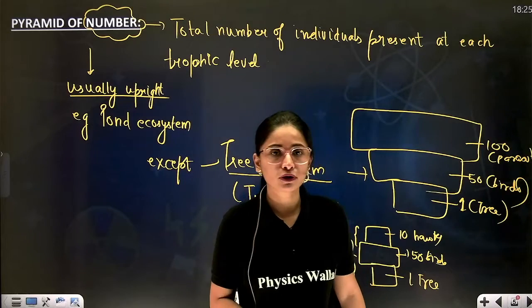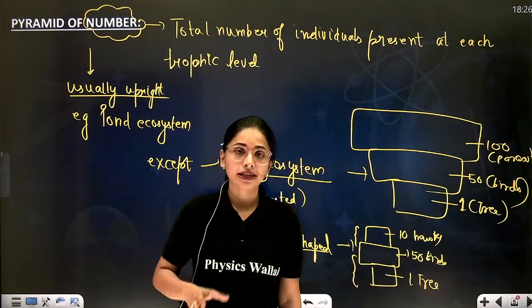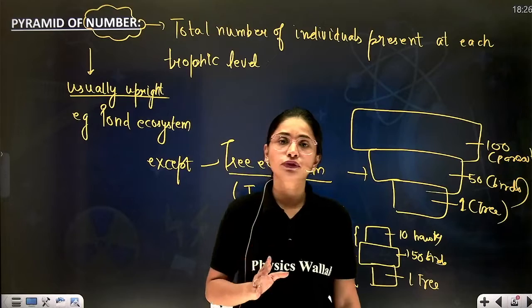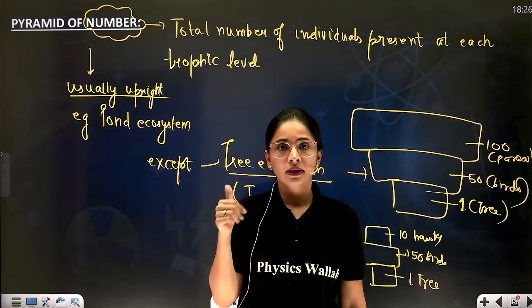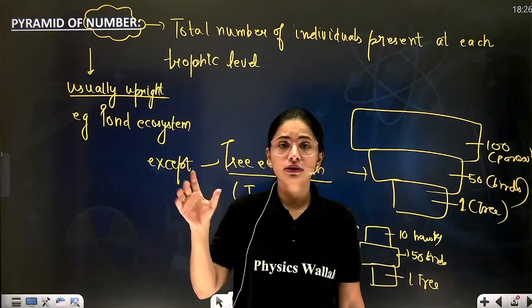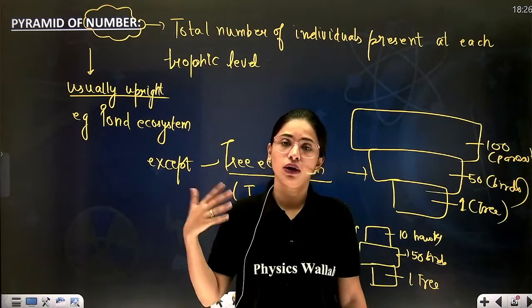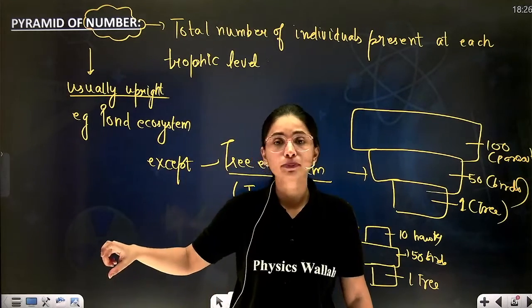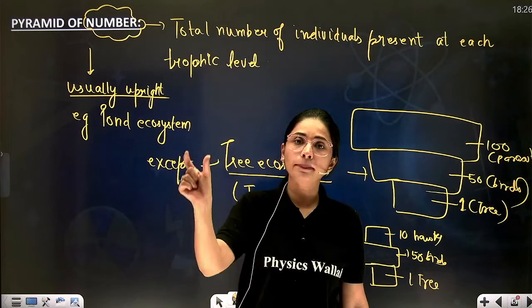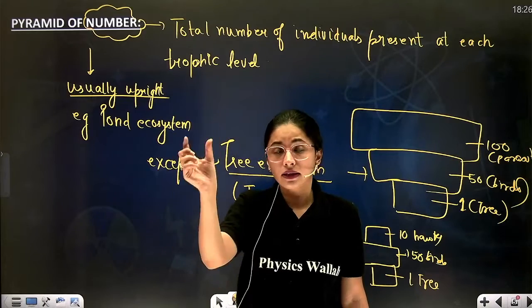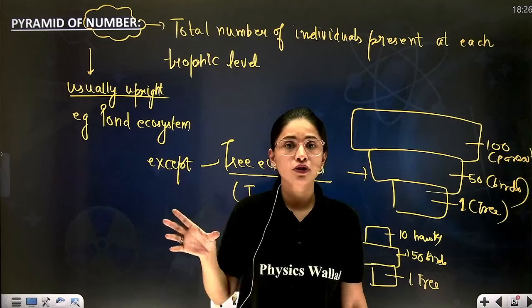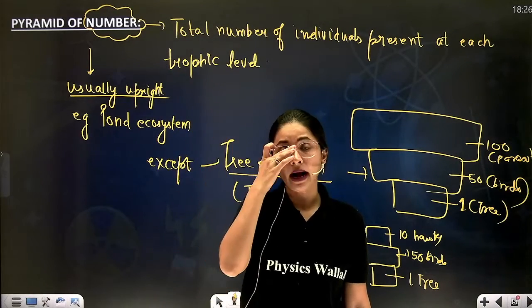It was proposed by Elton. This means graphical representation of different ecological parameters, mainly 3 parameters. Energy, whose pyramid is always upright, having a broader base, and as you go up in the series, the thickness of the bar keeps on decreasing. So the base is broad and the apex becomes narrow.